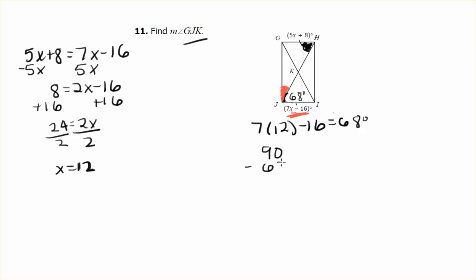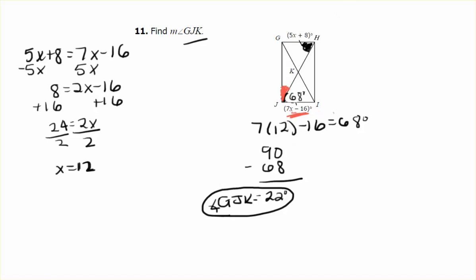So I'm doing 90 minus 68, which gives me 22. So GJK is equal to 22 degrees. So I used the alternate interior angles, and then the fact that the angles of a rectangle should equal 90 degrees.